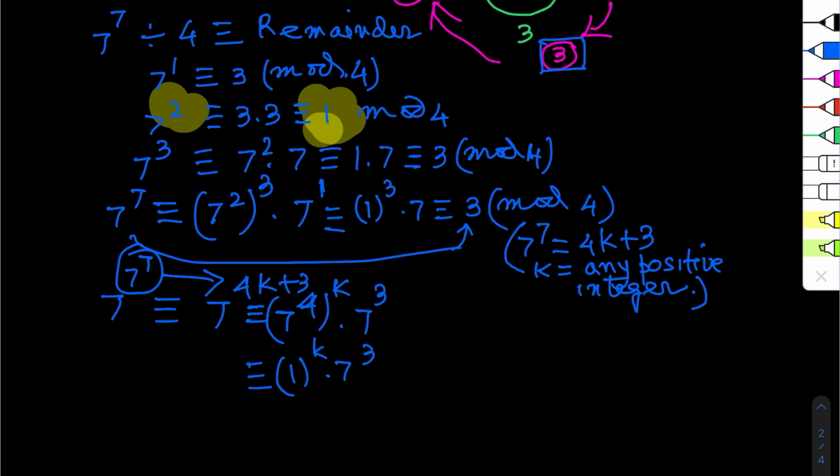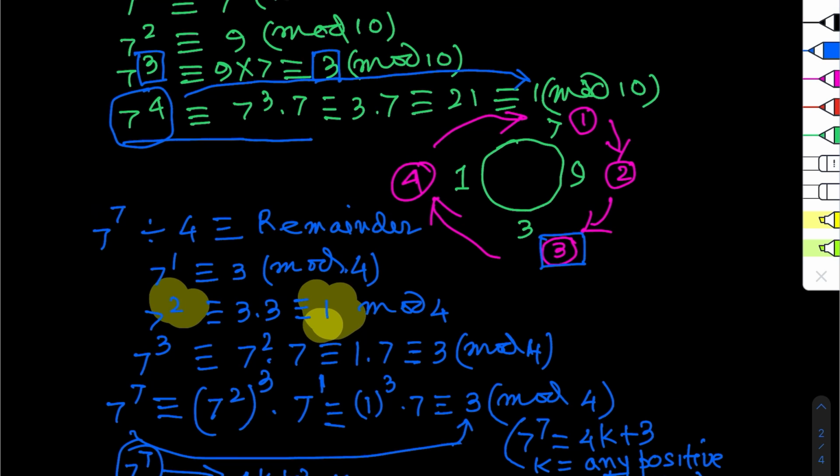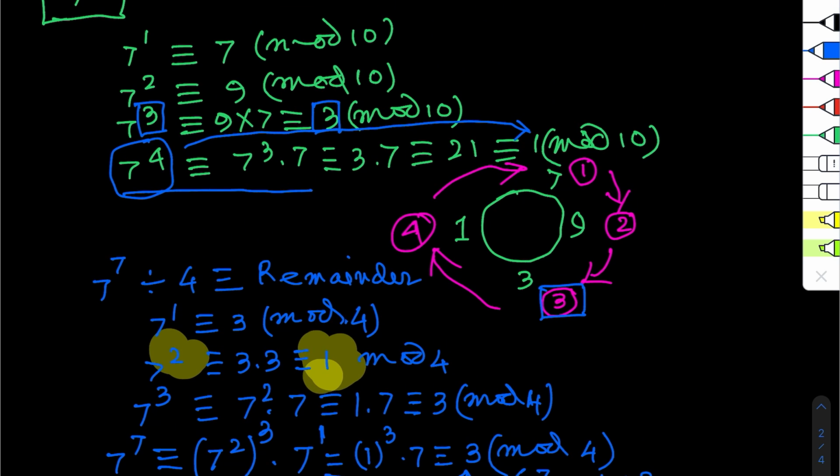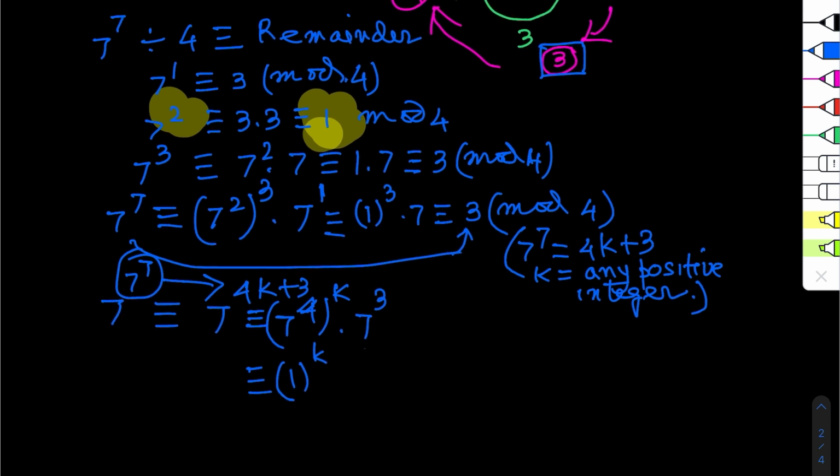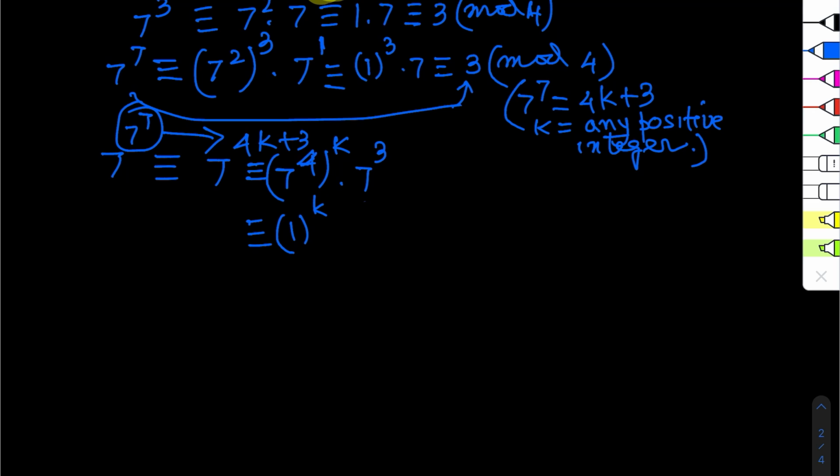And for 7 to the power 3 we get 3 as the remainder when divided by 10. So for 7 to the power 3 we get 3 modulo 10.